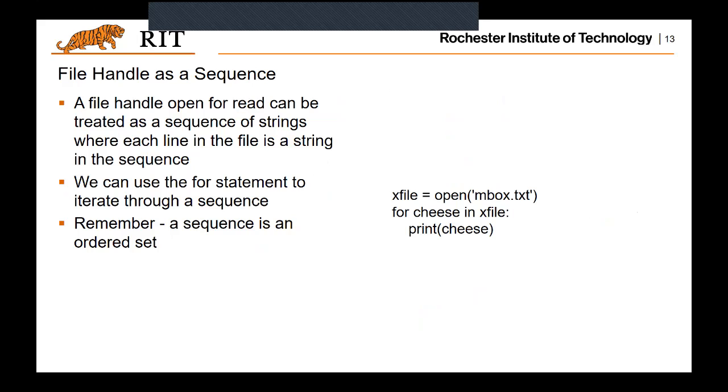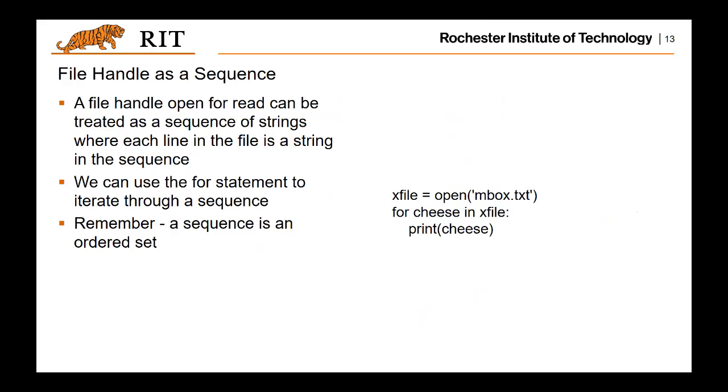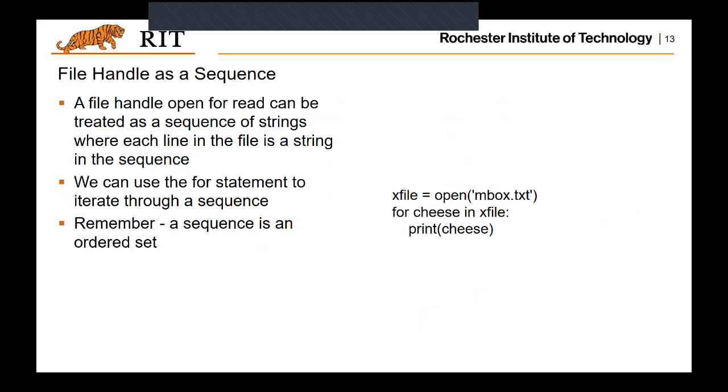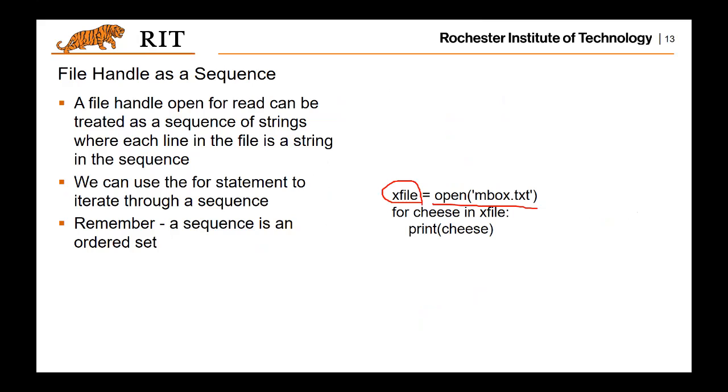And when you read the file using the open function, it returns the handle. For example, in this case, the handle is the x file. Basically, this handle, opened for reading, you can consider as a sequence of strings. And each line in the file is a string in the sequence.